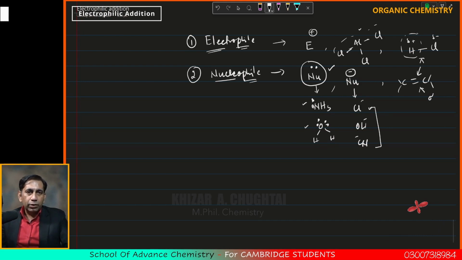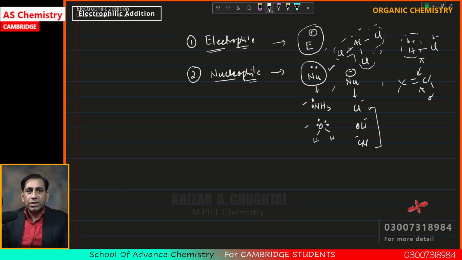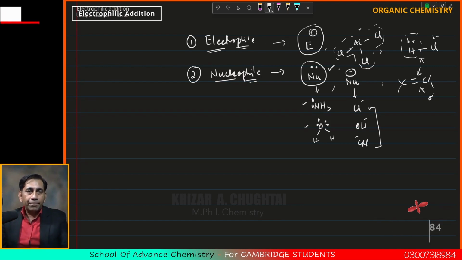This molecule can act as an electrophile, and any full-fledged positive charge can also act as an electrophile. So basically these three types of species can act as electrophiles, and those three types of species can act as nucleophiles.